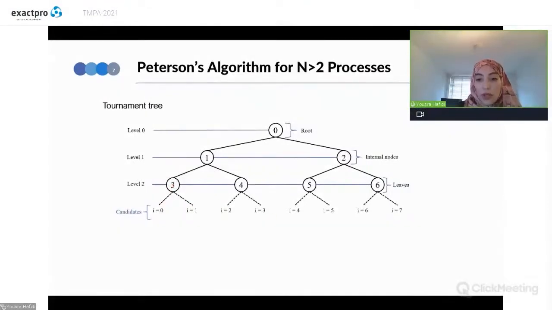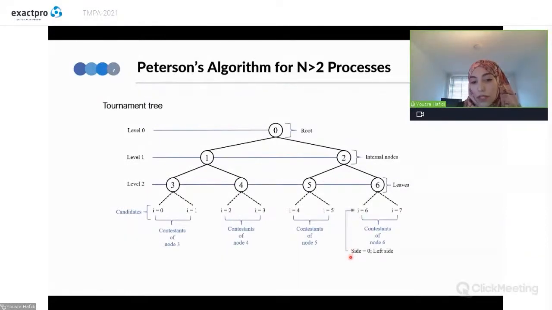And each two processes compete together in a node. We have a process at the left, and we say that its side is 0, and the process at the right has side 1. The winner in each node moves further to the parent node, and the winner in the root node is the winner of the tournament tree, and it is privileged with access to the critical section.